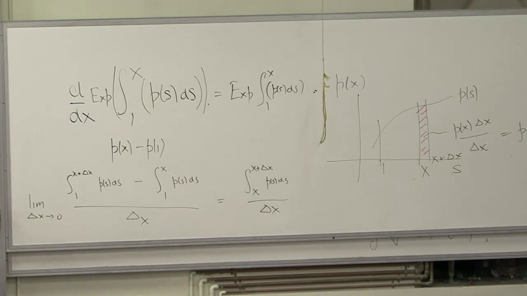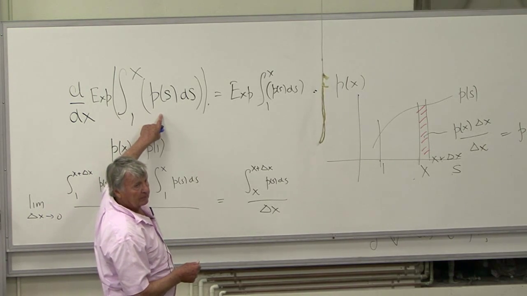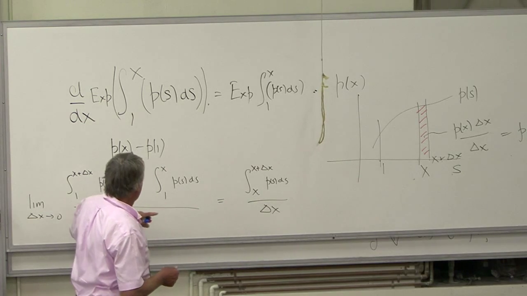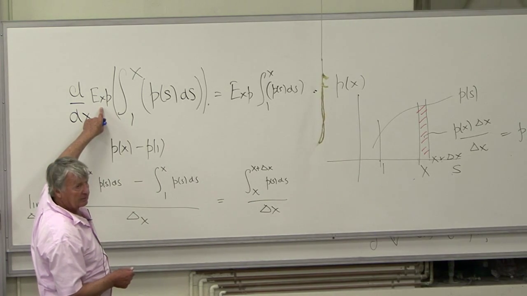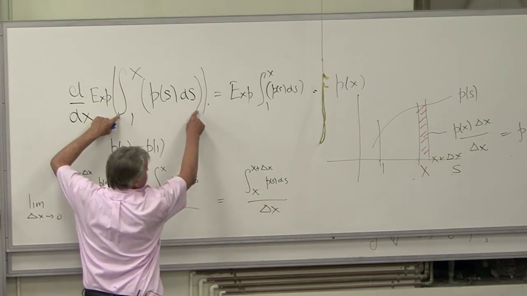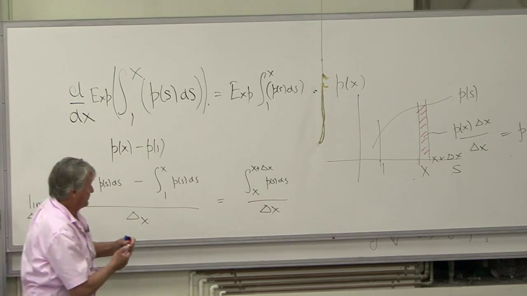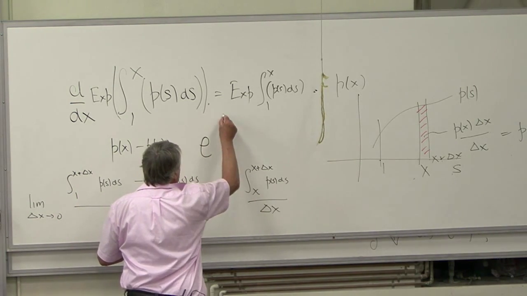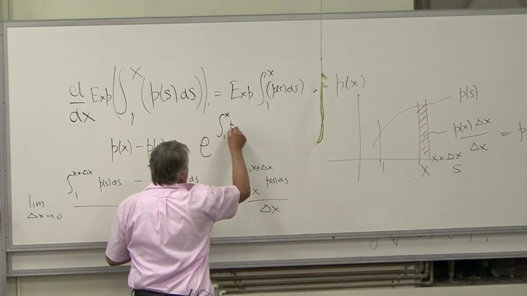Yes? This part. No, because what you did down there was without the exponent. The exponent was just this much. So this is e to the integral from 1 to x of p of s ds.